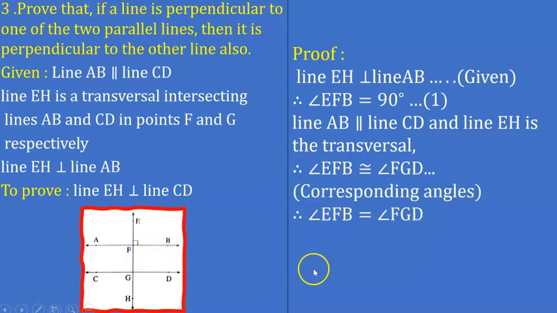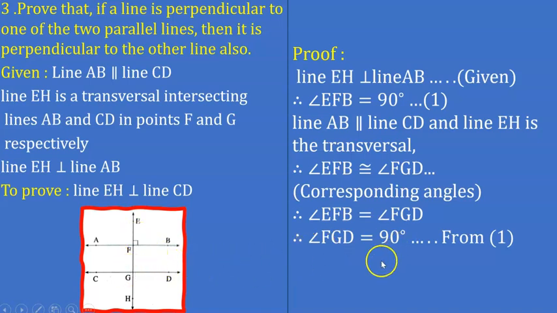Therefore, the measure of angle EFB is equal to the measure of angle FGD. But the measure of angle EFB is 90 degrees, and therefore the measure of angle FGD is also 90 degrees. And hence, we say that EH is perpendicular to line CD. And hence, it is proved.